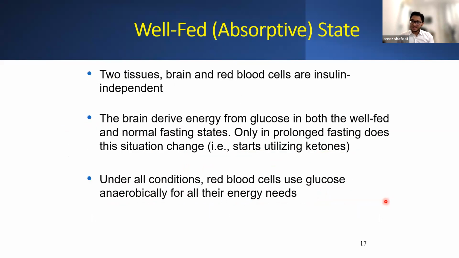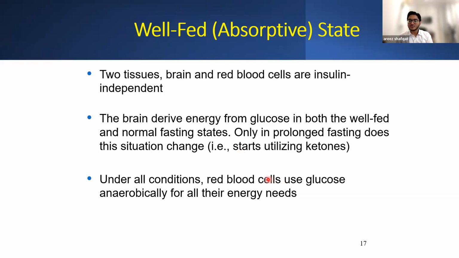Now, importantly, you need to know that two tissues, the brain and the red blood cell, are insulin independent. The brain derives energy from glucose in both the well-fed and fasting state. Only in prolonged fasting does the brain start utilizing ketone bodies, because as I told you, the brain cannot utilize fatty acids because they don't cross the blood-brain barrier. However, you also have to note that the red blood cells don't have mitochondria.